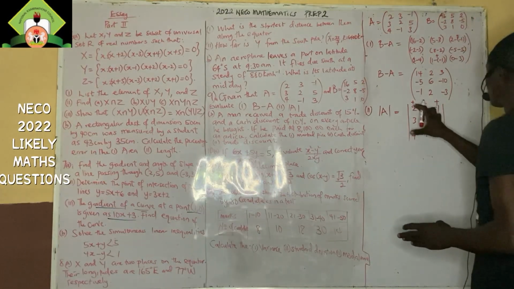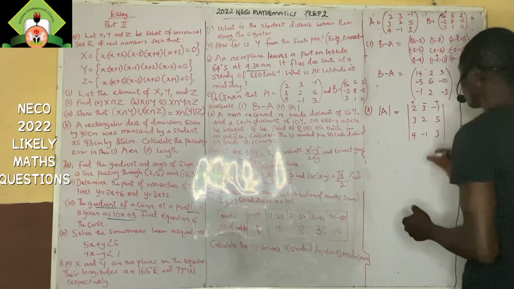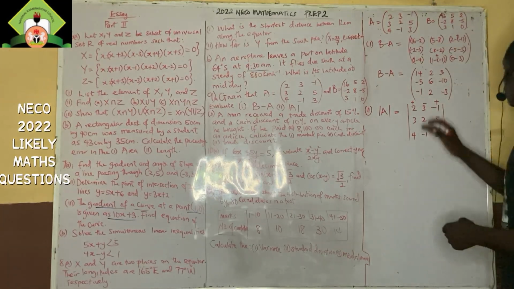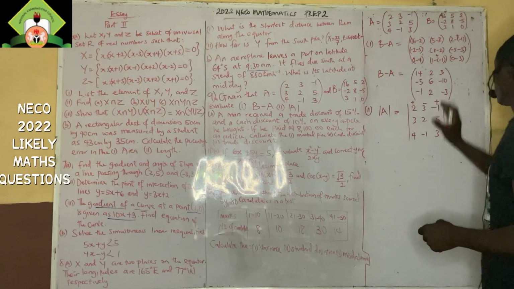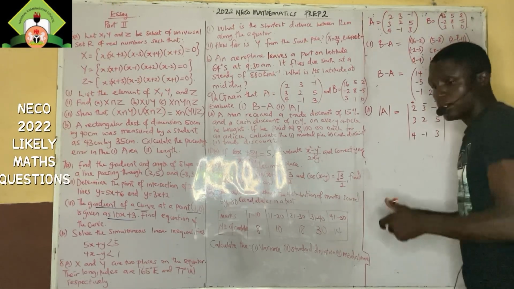Then, after attaching the plus, minus, plus, the next thing is to bring down the minor for each column. This is how we do it.